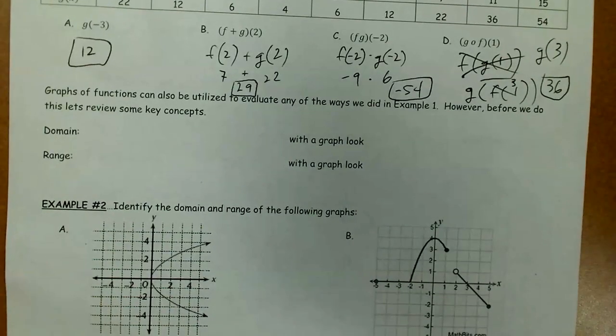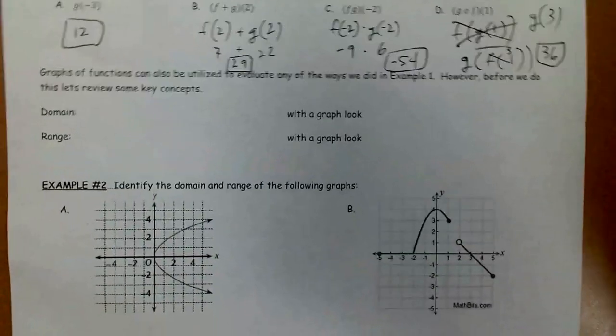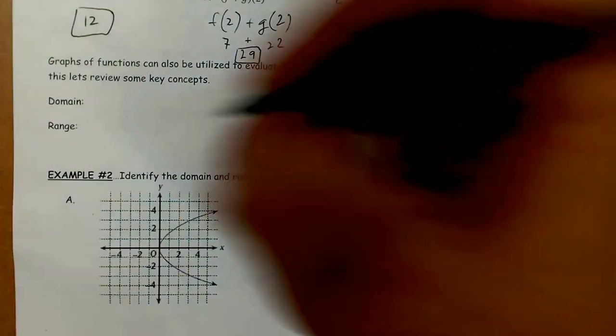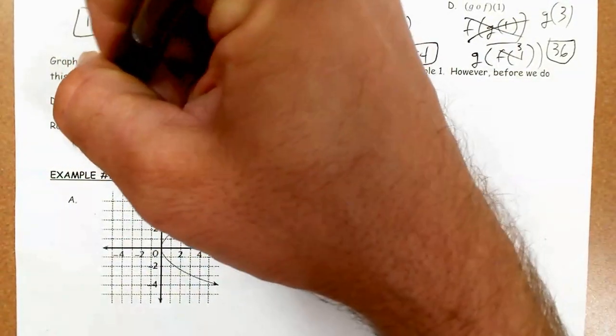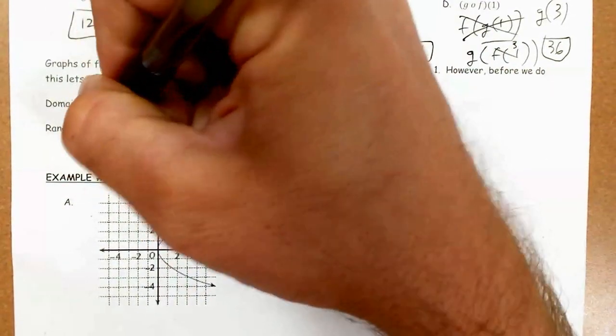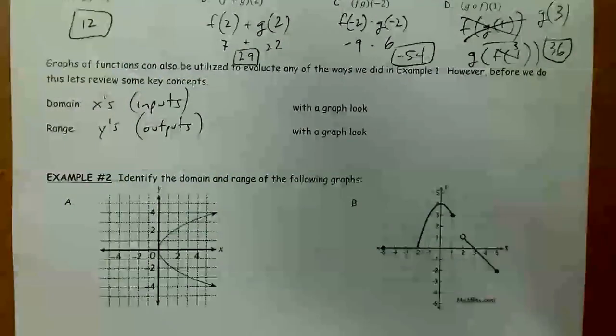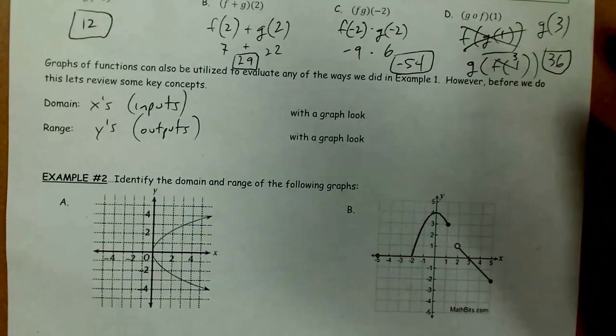So I think pretty straightforward. Okay, so next thing is just reminders on domain and range. Domain, as we've talked about, x's, inputs, range, y's, and outputs. We've found domain from a table so far.